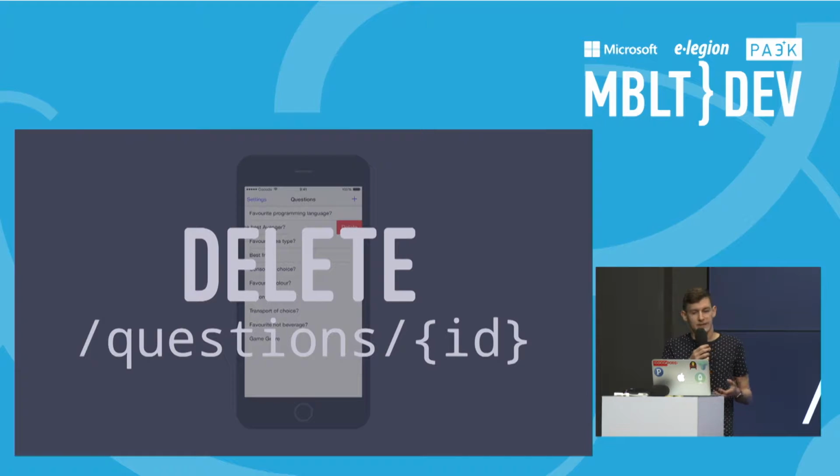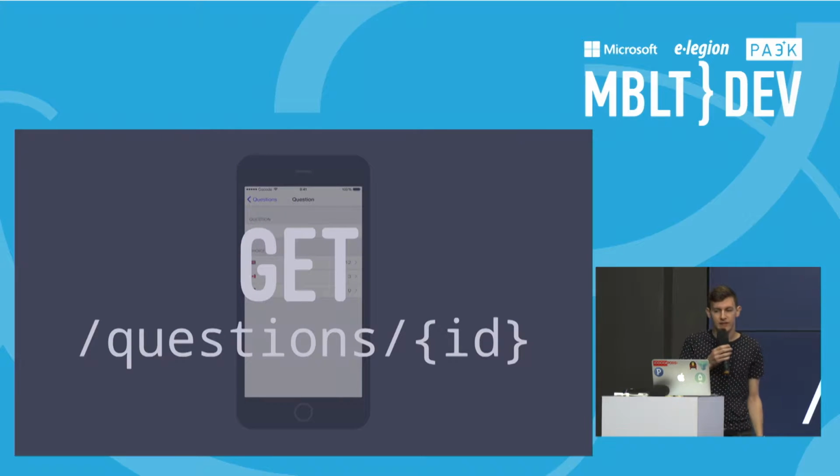When a user swipes delete, we're going to be sending a DELETE HTTP method. We're going to construct a URI for each individual question to perform this operation. Now, again, to download the question, we will need to construct the URL with our ID, which is a server-side implementation detail.